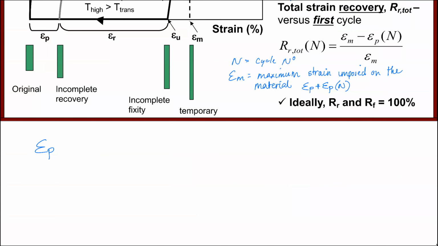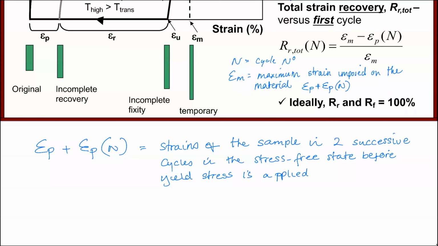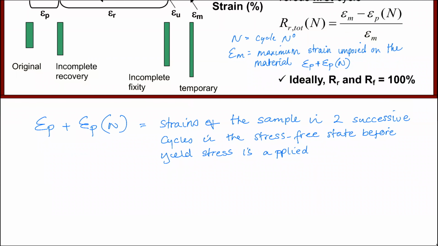So epsilon p plus epsilon p N. And then the only other thing left is epsilon u.